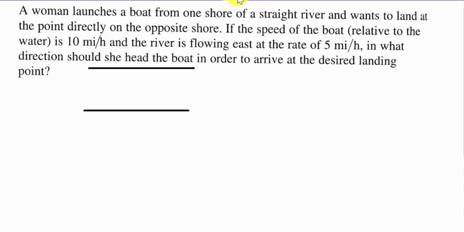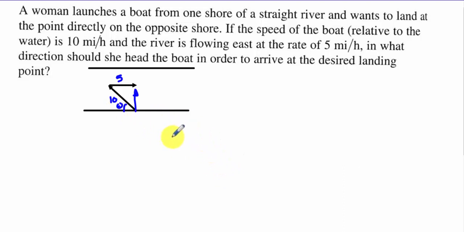So in order to do this, basically you need to take off at an angle so that when the current pushes you this way, your resultant will be straight across. We know this is 5. We know this is 10. But we don't know the angle that we have to leave at.